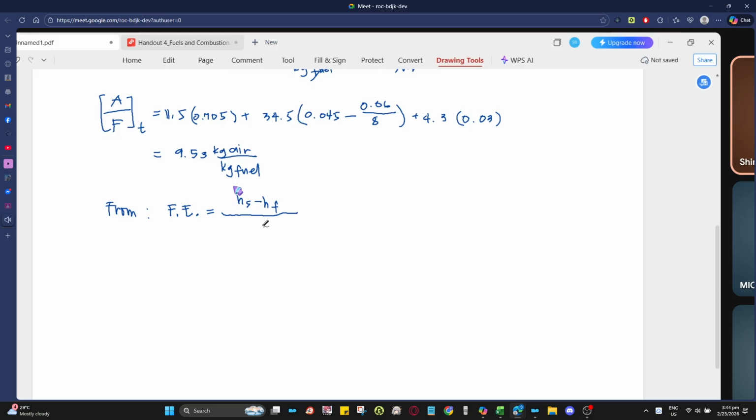So murag heat content. So yung latent heat, amount of heat required to convert 1 kilogram of water into steam, no?